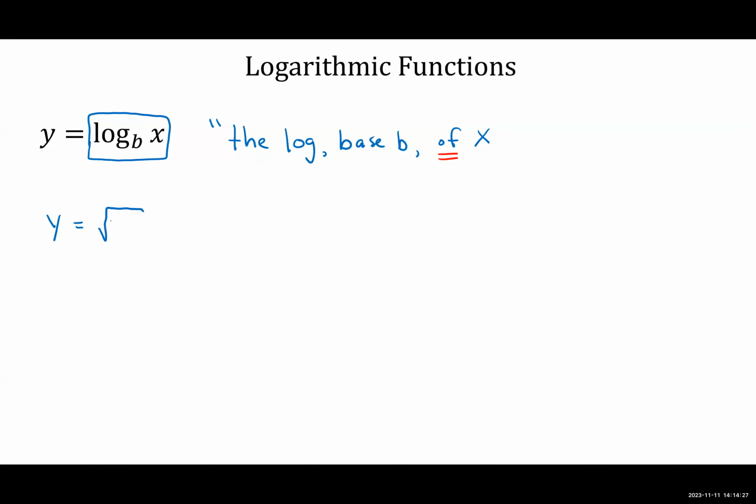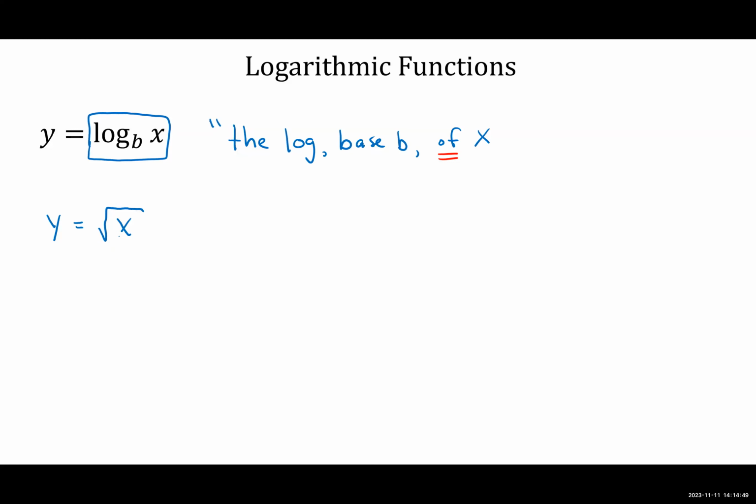When we apply the square root symbol, we have to take the square root of something. So it would make sense to say y equals the square root of x, or the square root of 9, or the square root of 24, or whatever it is. But an empty square root symbol doesn't mean anything on its own.